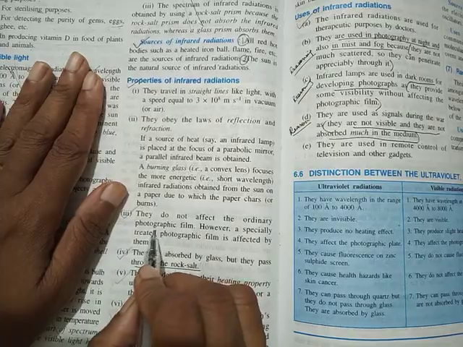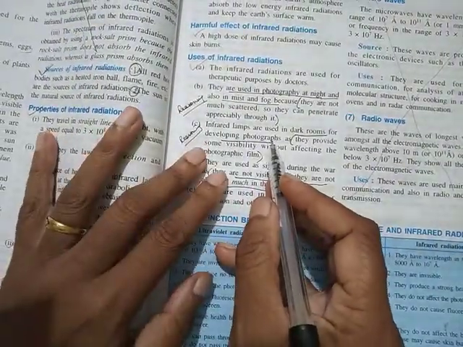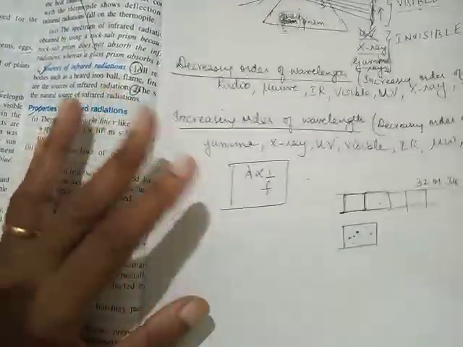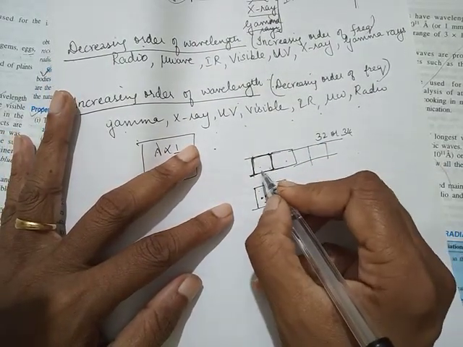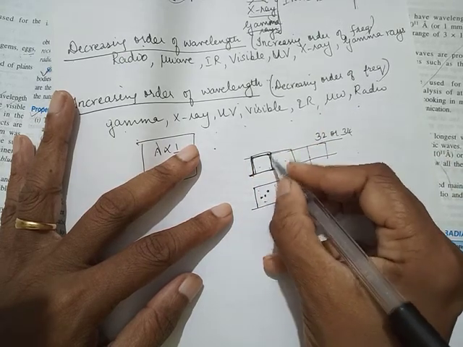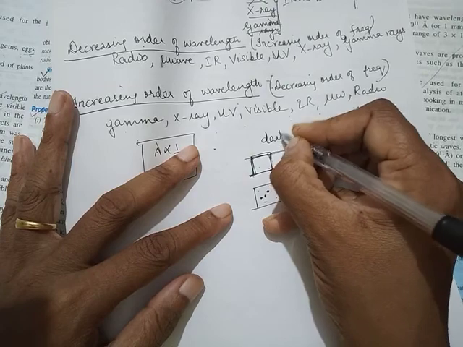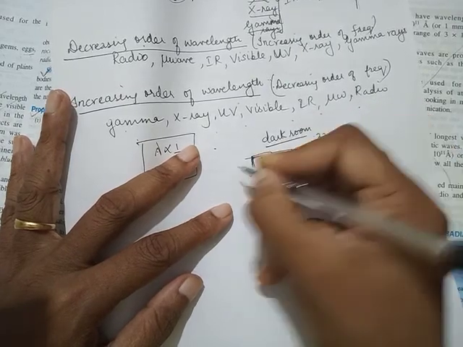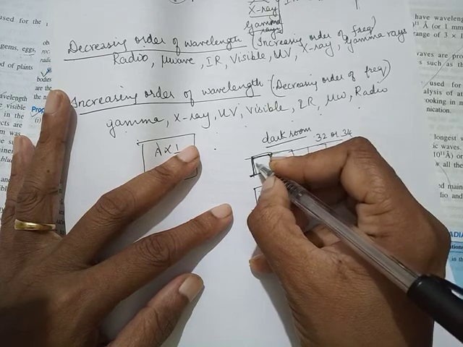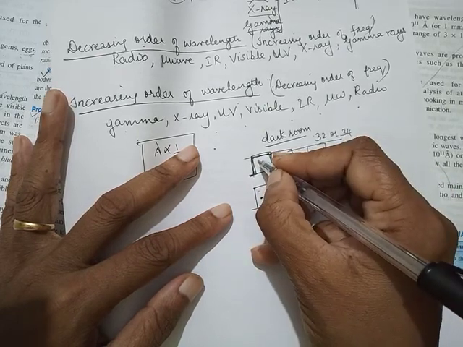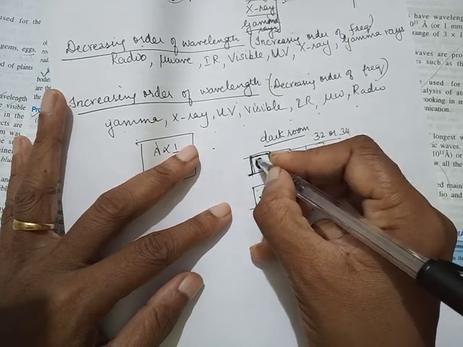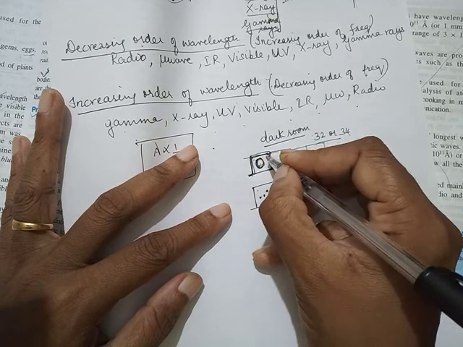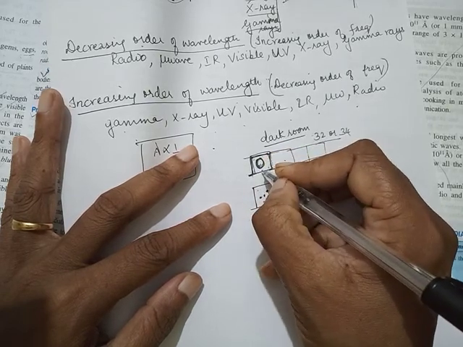Now, this property is used in this application. When I was talking about film and developing, it's very important that they develop it in a dark room, because light can affect it. Suppose I clicked a picture of a circle, so only this part will be lighted and in other parts the chemicals would not be reacted.